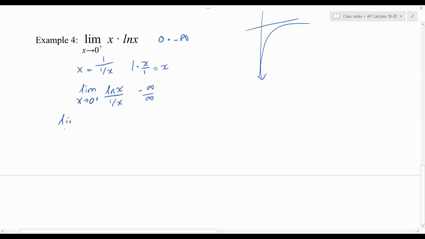The limit as x approaches 0 from the right of ln of x equals negative infinity. The limit as x approaches 0 from the right of 1 over x is positive infinity, so L'Hopital's rule applies.